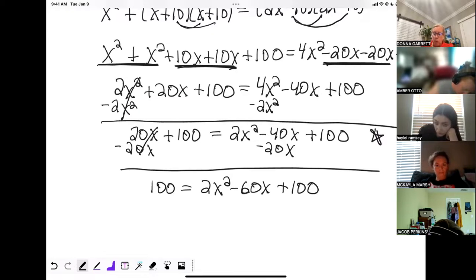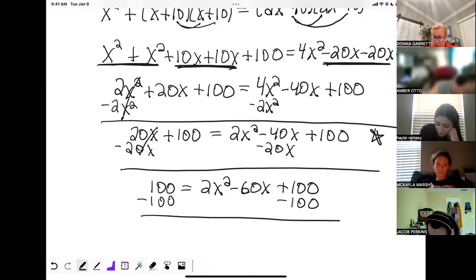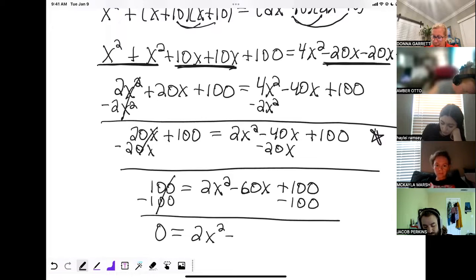One more thing we have to move, the 100. Subtract 100 from both sides. It actually made our problem a little easier, because we have 0 is equal to 2x squared minus 60x. The hundreds canceled. We don't have any constants left.